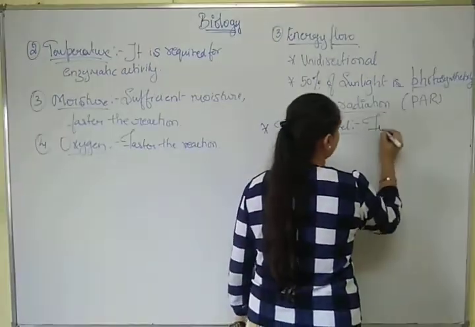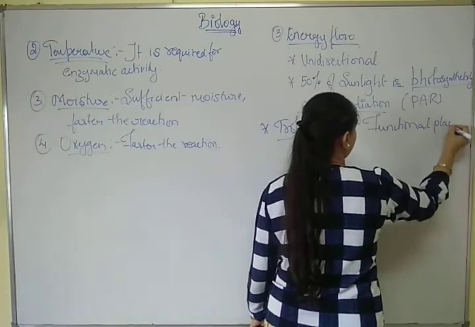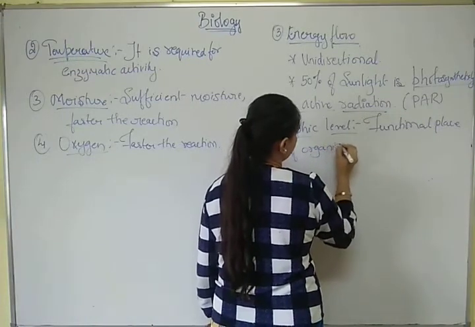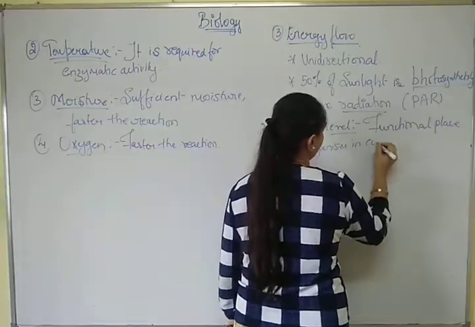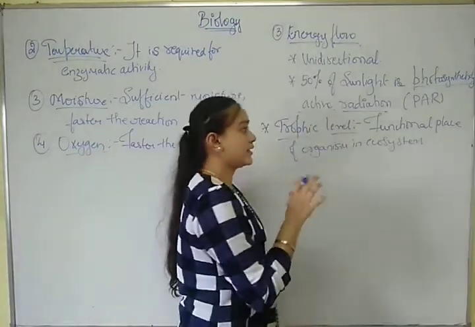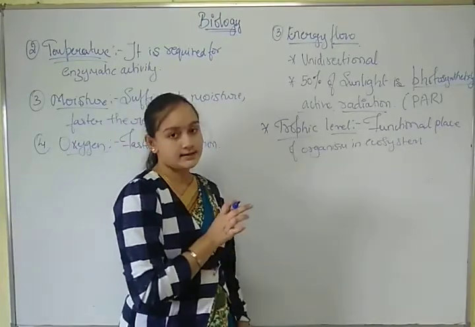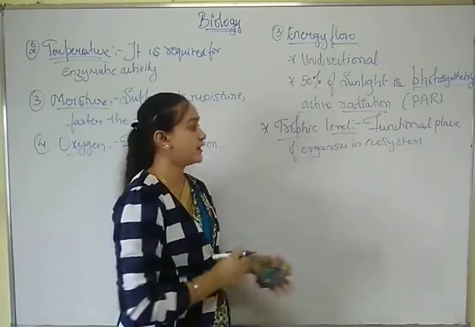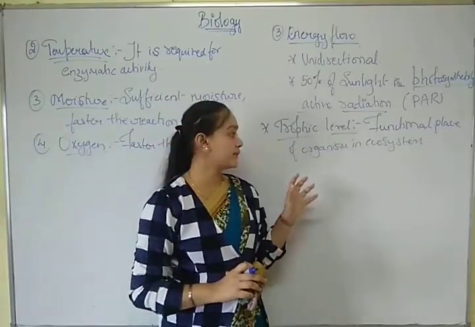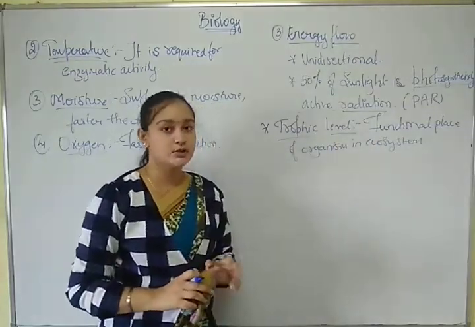Where an organism comes in the ecosystem, that place is called the trophic level. The functional place of an organism in the ecosystem is called a trophic level.